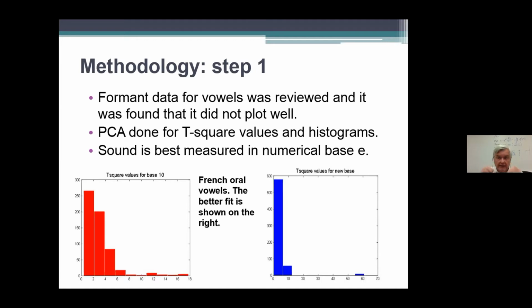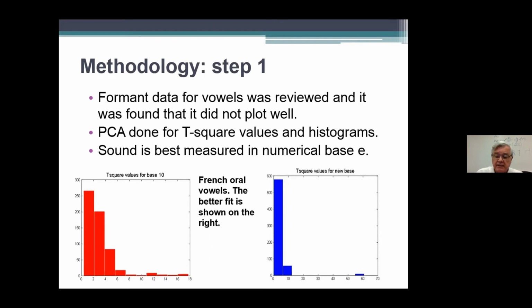We would get variations, and formants, because they are at the harmonic bands of the fundamental, should show some kind of regularity. We did a principal component analysis for the t-square values of the histograms, and we found that instead of base 10, which is your counting base, 1, 2, 3, 4, 5, 6, 7, 8, 9, 10, they were actually evaluated better in base E.